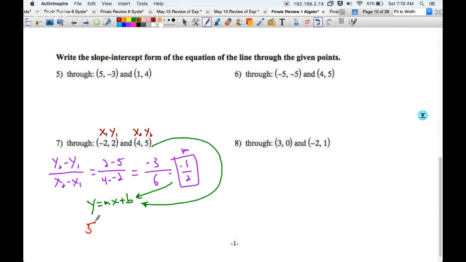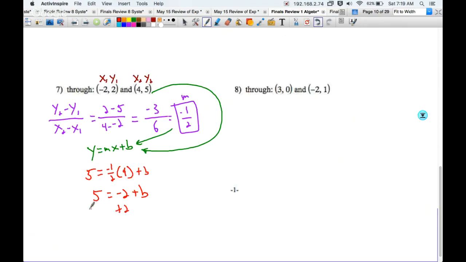So 5 equals -1/2 times 4 plus b. 5 equals -2 plus b. Add 2 to both sides. 7 equals b. That's my b value. I've got my m value. I put that together into one final equation. y equals -1/2 x plus 7.